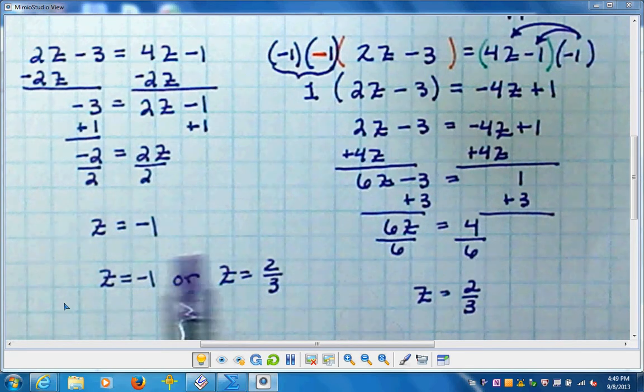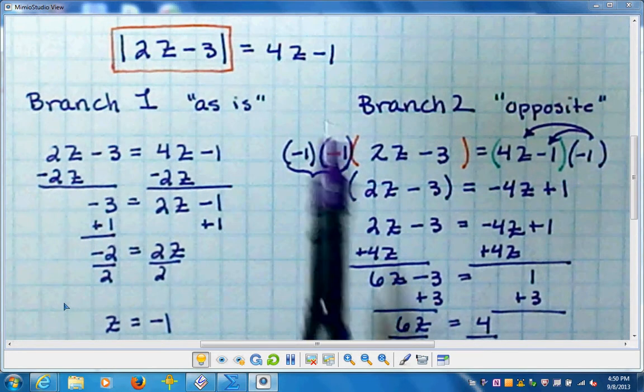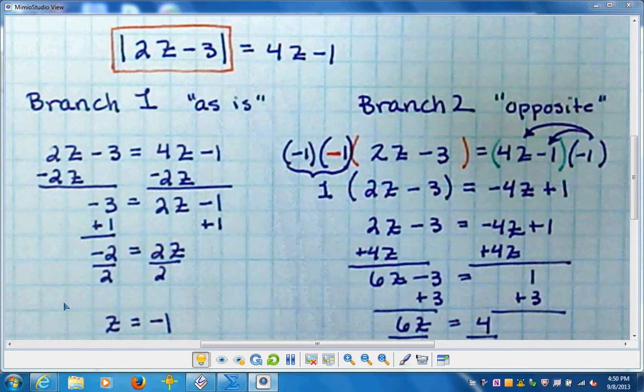does it? With these problems, typically when you have this kind of setup, one of our answers might be wrong. One of those answers could be lying. Sometimes that happens.